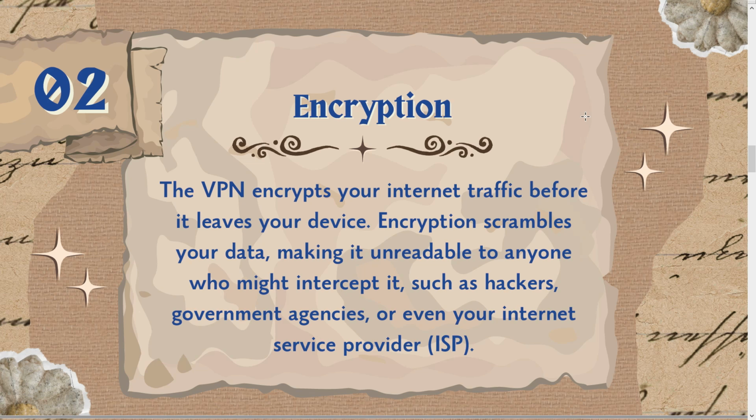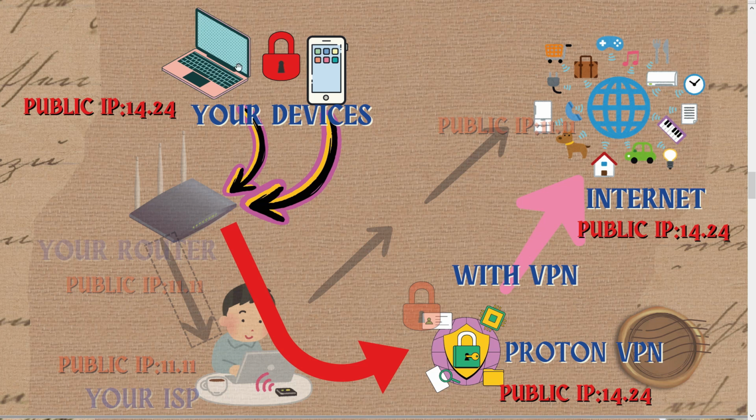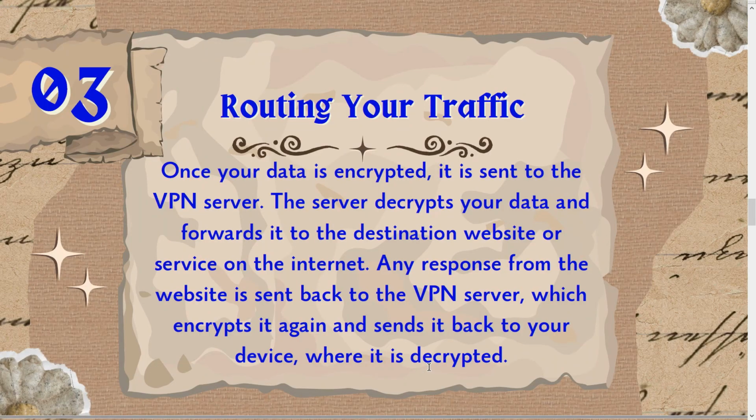The VPN client, located on your device, locks your traffic such that no one between your device and the VPN server will be able to know what is contained in your traffic. Once it is encrypted, it is sent in an encrypted format to the VPN server, in this case Proton VPN, which now decrypts that traffic and sends it over to the internet.